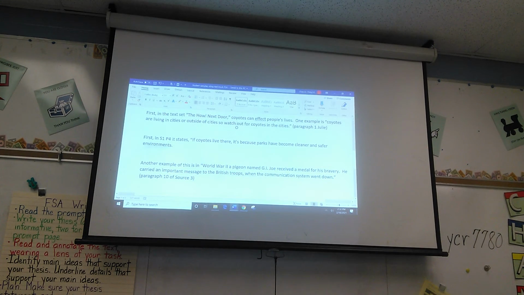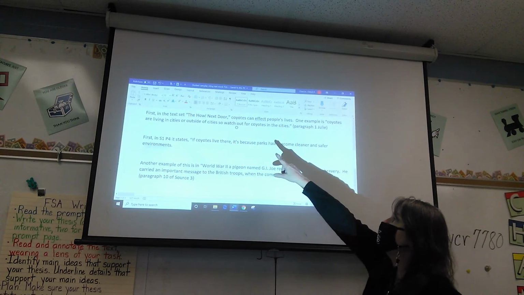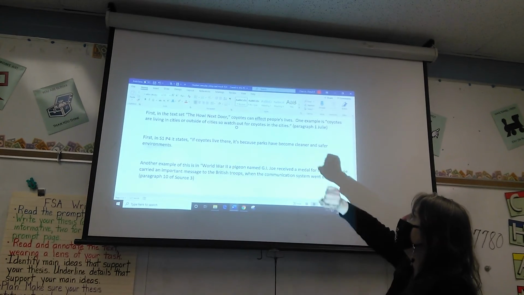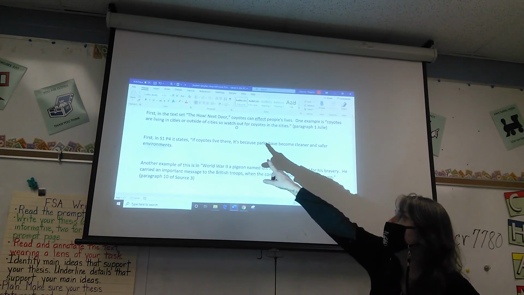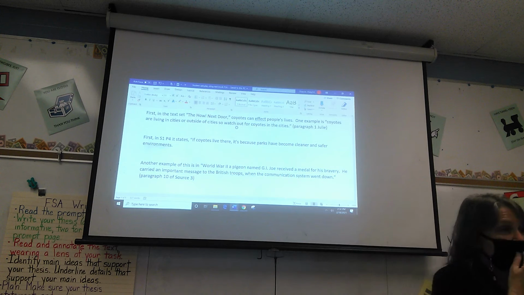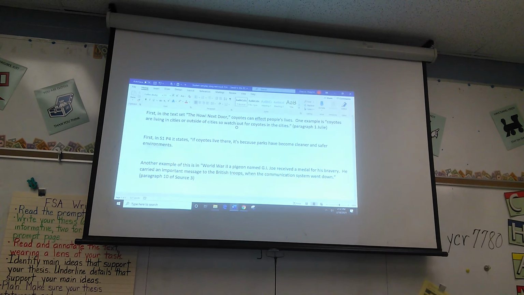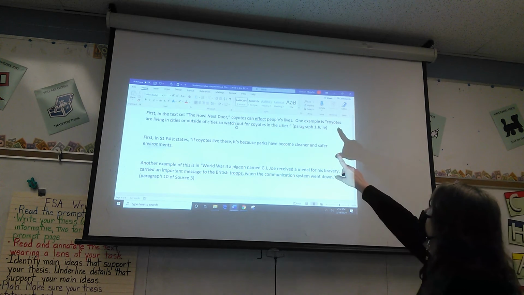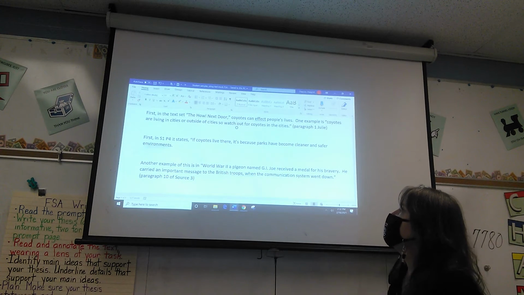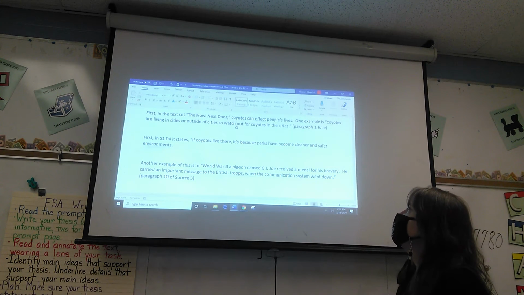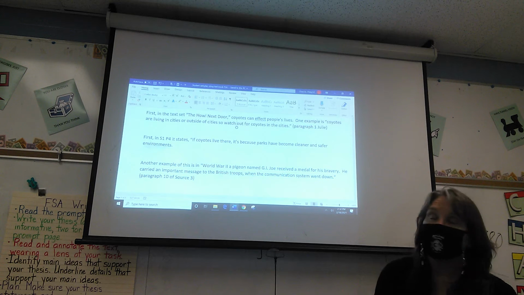First, in the text set, The Howl Next Door, coyotes can affect people's lives. Okay, using the title of the article correctly punctuated. One example is coyotes are living in cities or outside of cities, so watch out for coyotes in the cities.